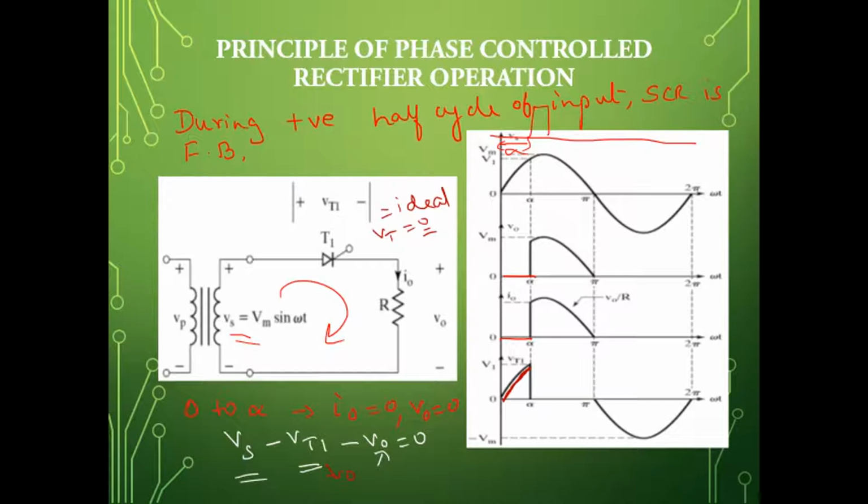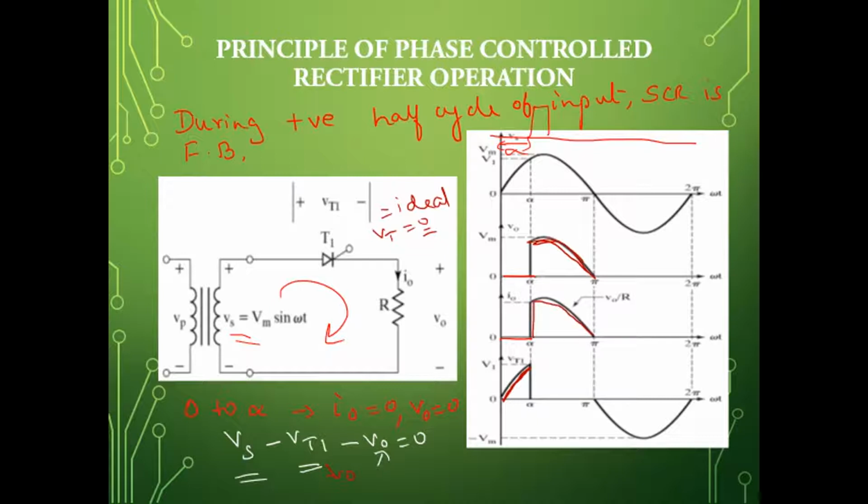So you can see for the rest of the interval, that is from alpha to pi, the output voltage is same as that of your input voltage. So there is a transition from 0 to the higher value. So I naught, which is equal to V naught by R, is also same.